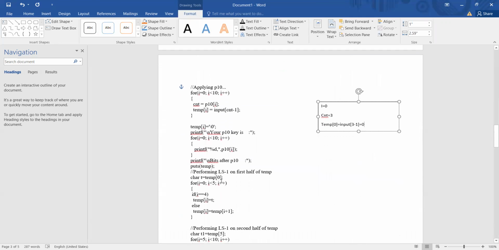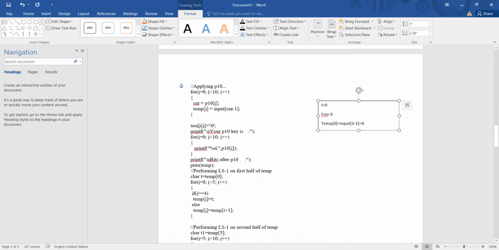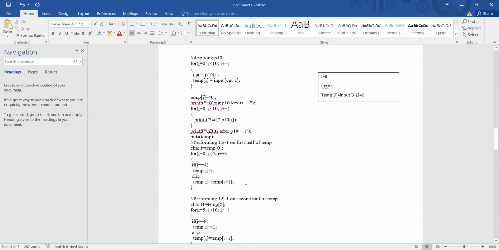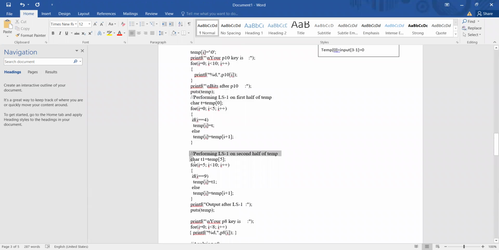And then next we are going to the program performing ls1. This is the program where we perform left shift for the first half, that is from the 0 to fourth position in the array. And this is the code for performing the left shift onto the second half, that is from the sixth position to the 10th position.